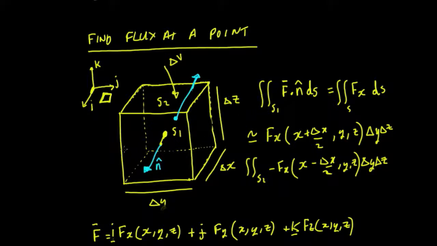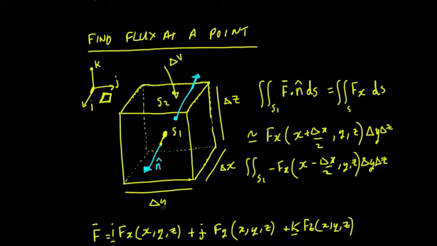So we take the surface at the front here, S1, and the surface at the back there, S2. We know that the normal of the surface S1 points in the positive i direction, and the normal of the surface at the back points the other way, in the negative i direction.